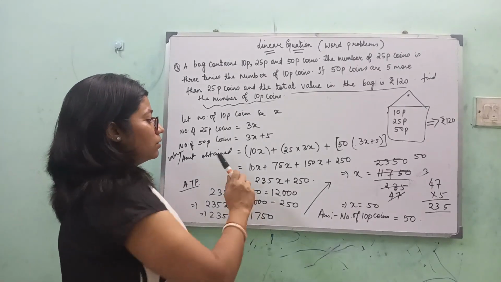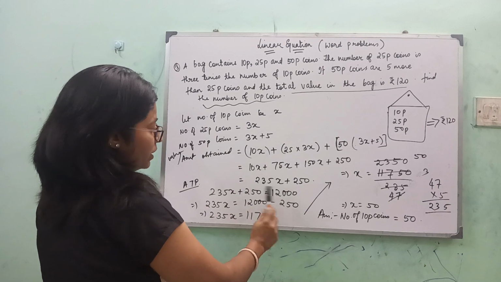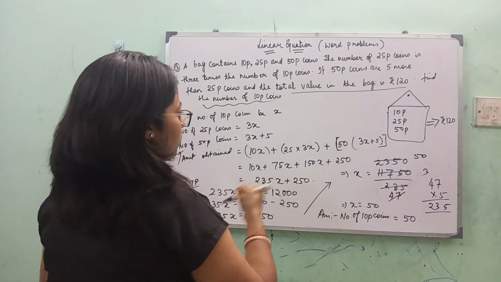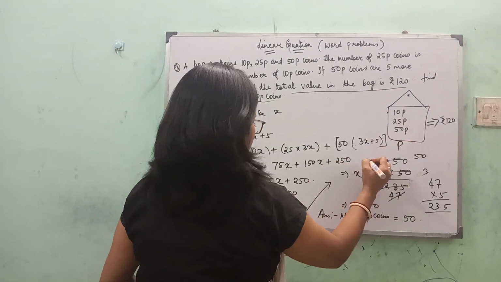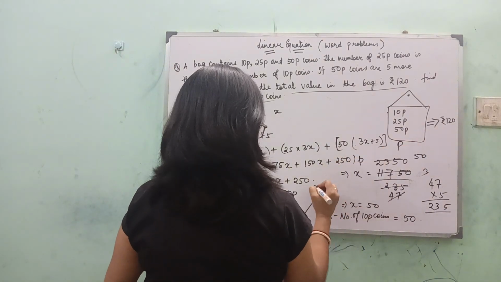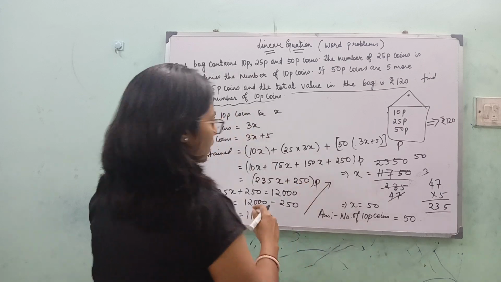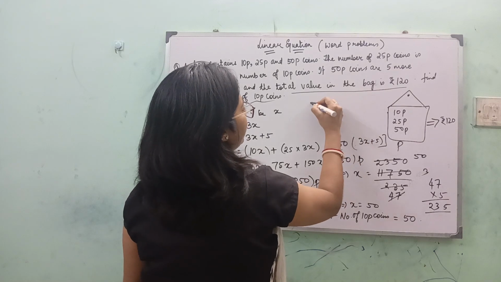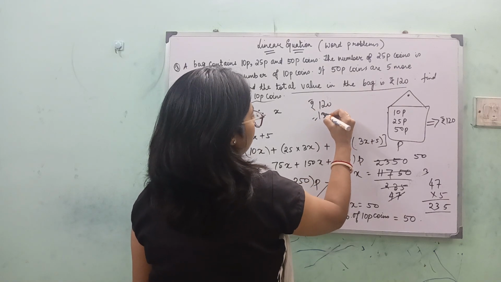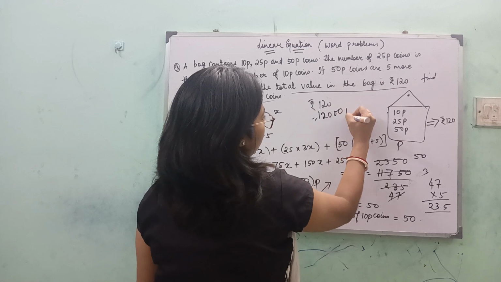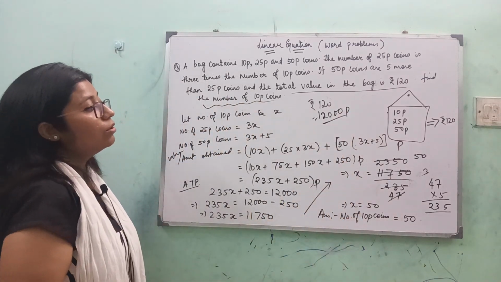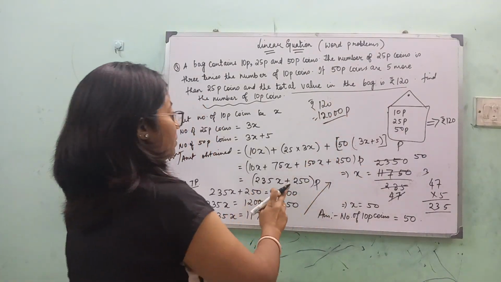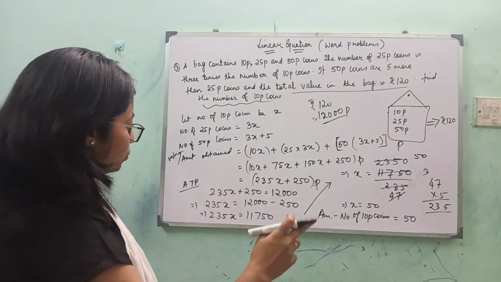So please remember, both sides should have the same units. Here this part was totally in paise, the amount obtained should be in P, the whole thing is in P. And the amount given in the bag is 120, so 120 rupees means 2 zeros for paise, because a rupee is converted to paise by multiplying by 100, so 120 into 100 means 12000 paise.